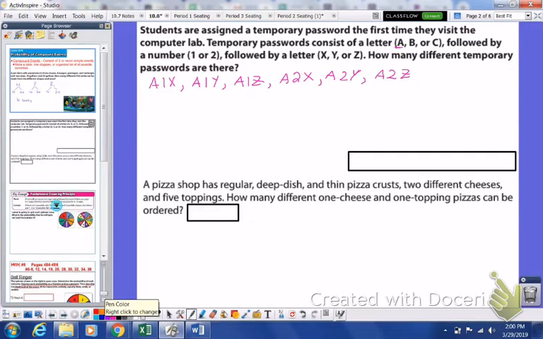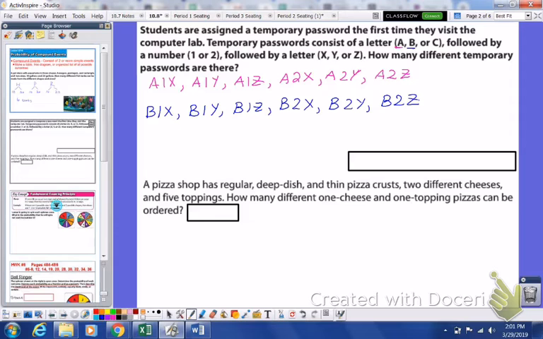Then we have to go through and do the same thing with B. So we have B1X, B1Y, B1Z. Then switching over to the 2, B2X, B2Y, and B2Z. And last, do the same thing with our C.